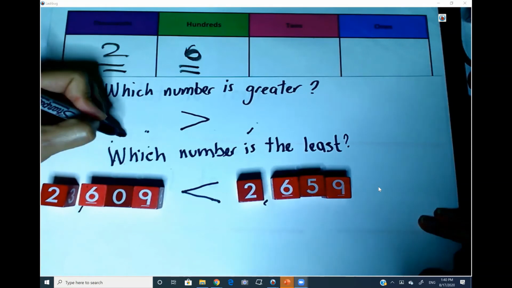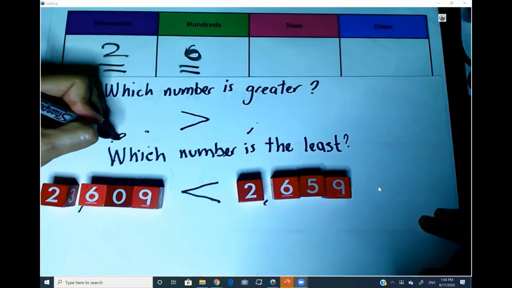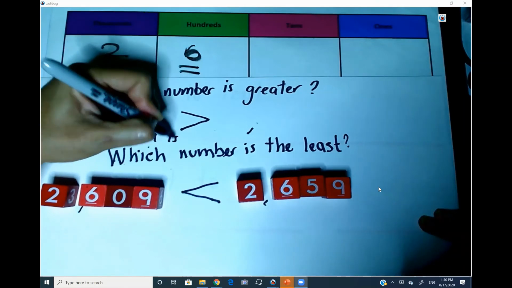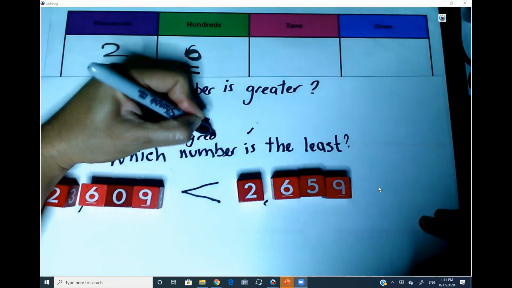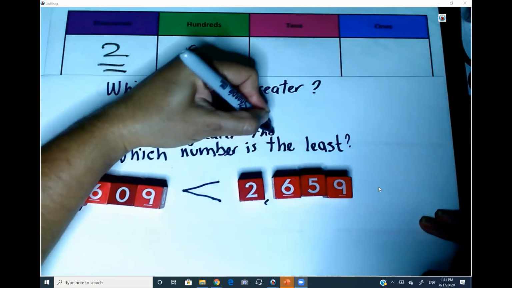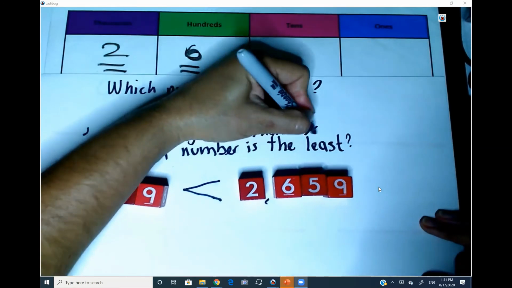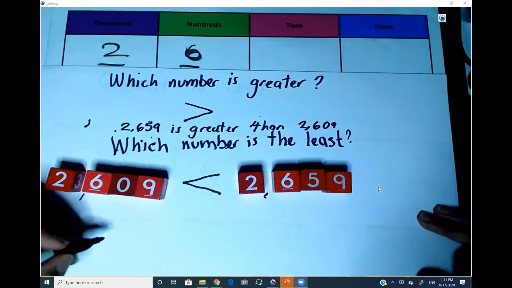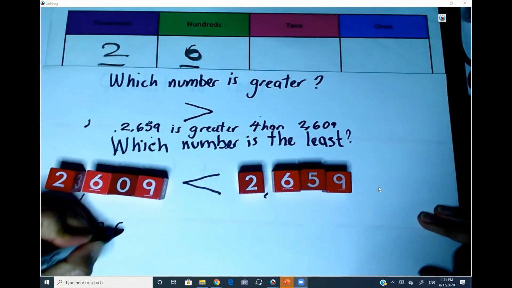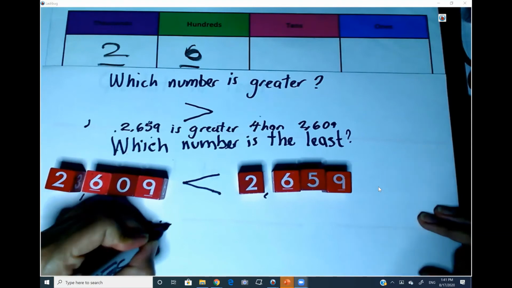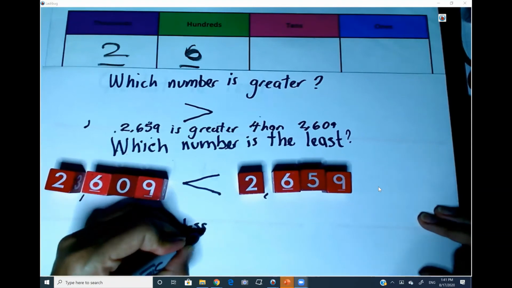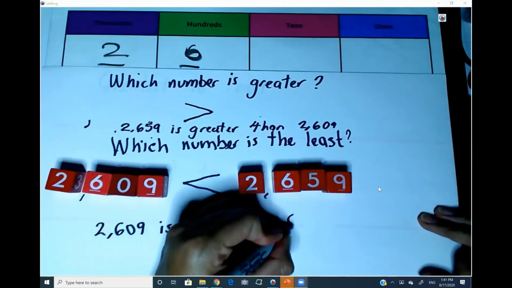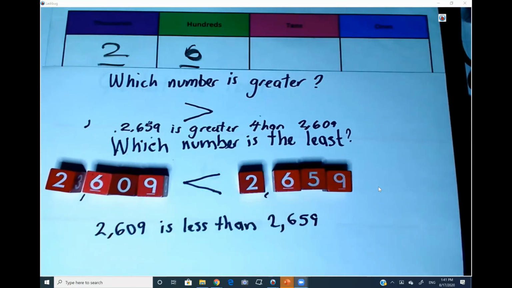So I can put here that 2,659 is greater than 2,609, or on the other hand, 2,609 is less than 2,659.